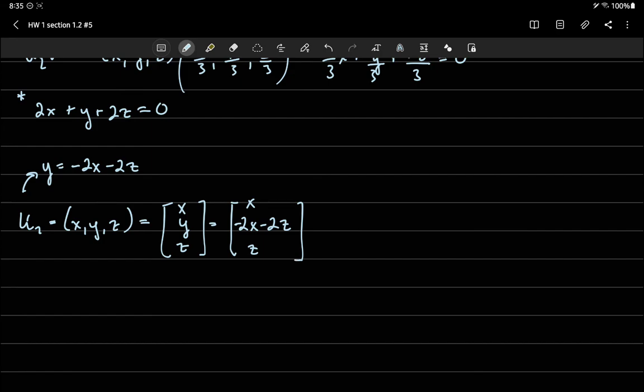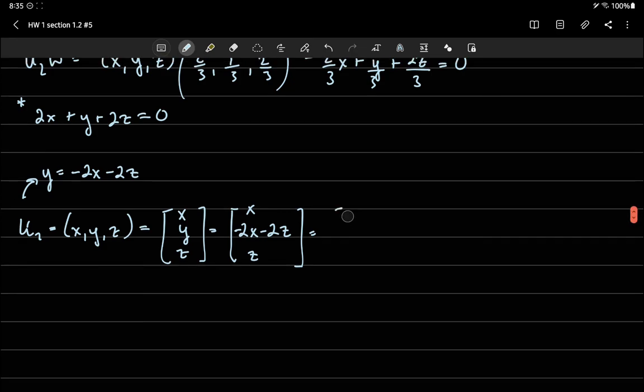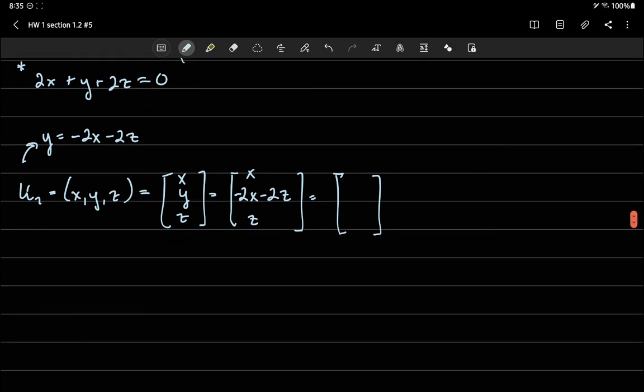Just like so. From here, we can try to separate this vector into a linear combination. So we'll just make the scalars be x and z, and the vectors are going to be what we use to solve u2. So let's do that.